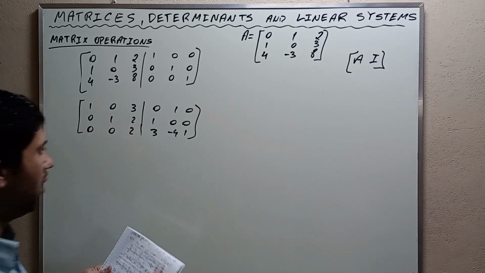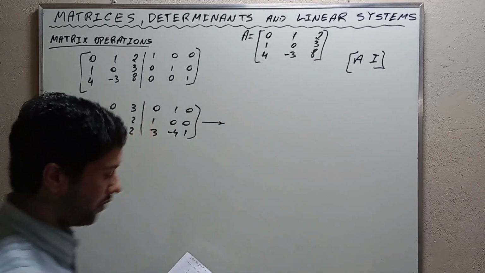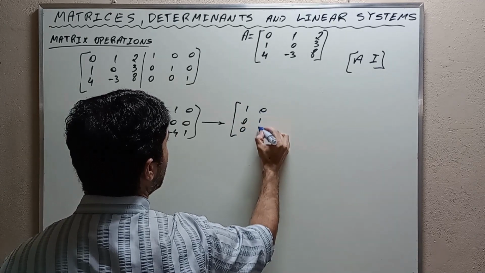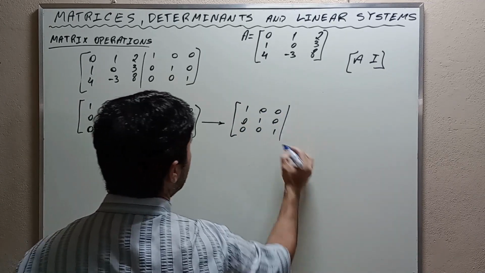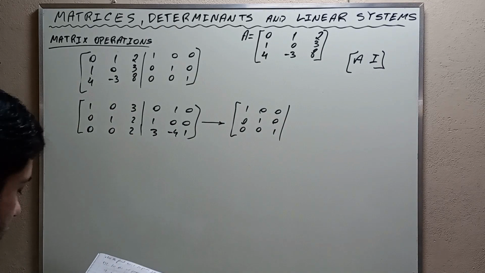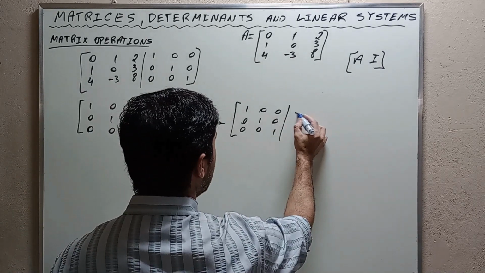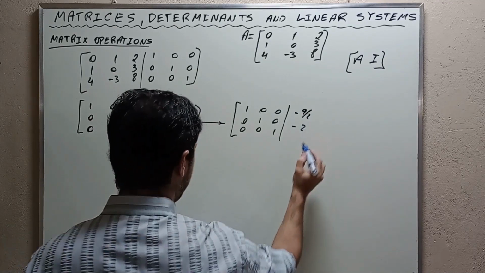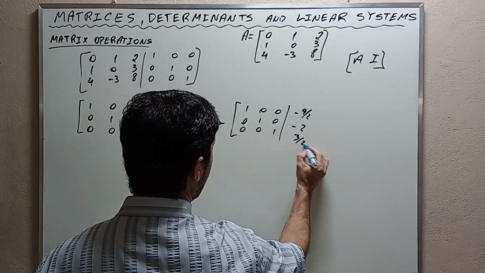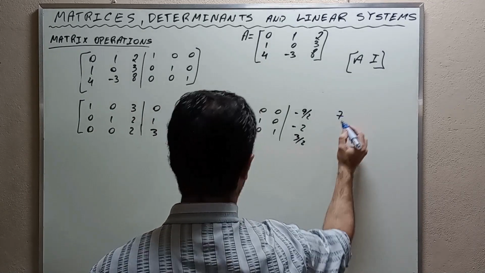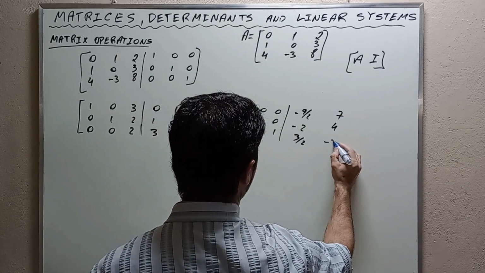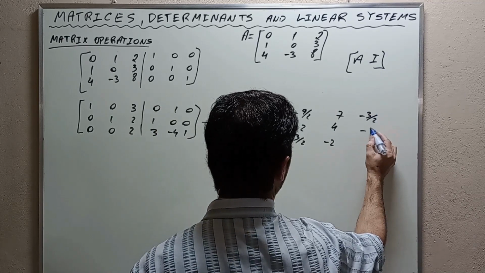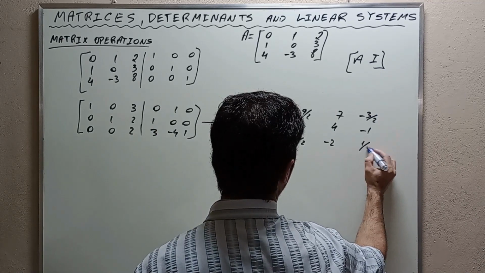And in the end we find that 1, 0, 0, 0, 1, 0, 0, 0, 1, and the inverse matrix appears here, -9 halves, -2, 3 halves, 7, 4, -2, -3 halves, -1, and 1 half.